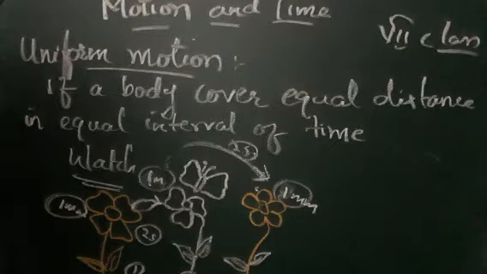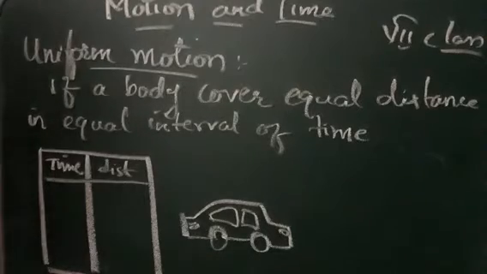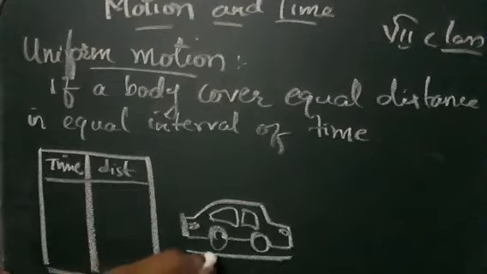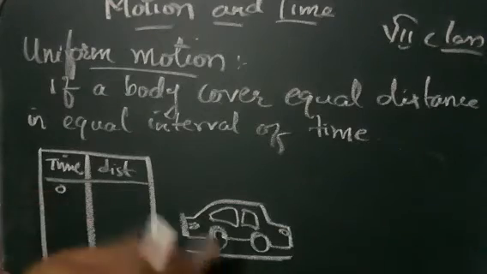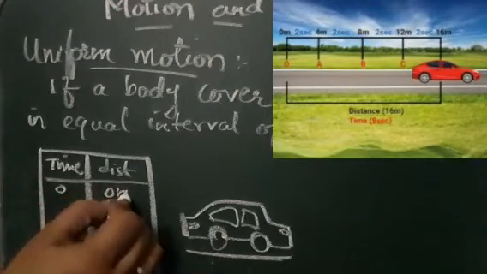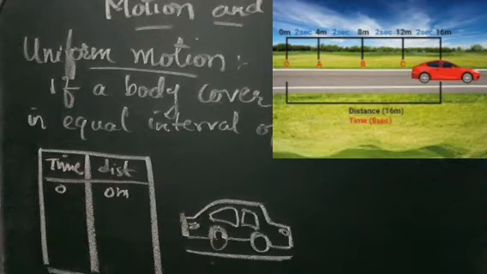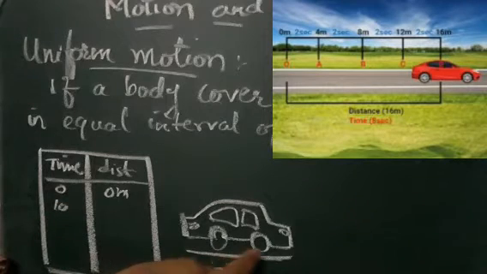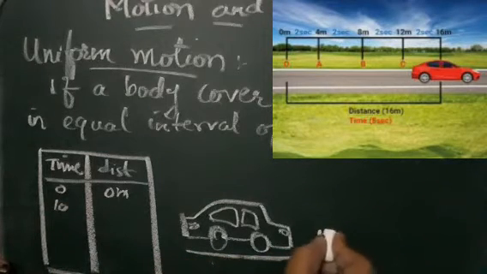For example, if we take a car and note the distance traveled by it. Now the car is at rest, so at zero time it has traveled zero distance, 0 meters. After 10 seconds, you see that the car has traveled 150 meters.